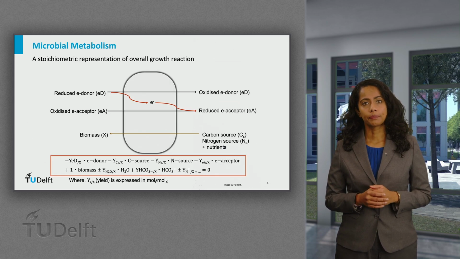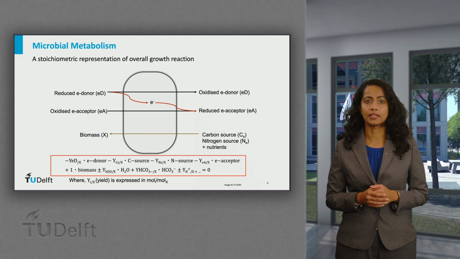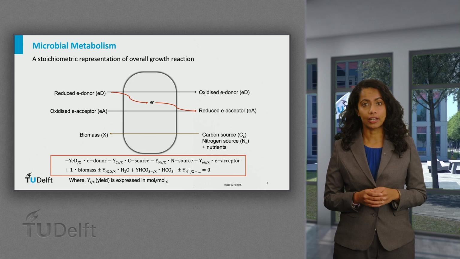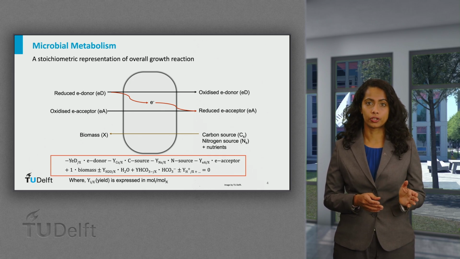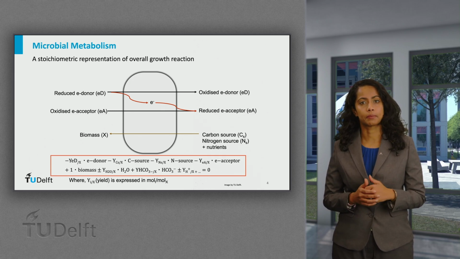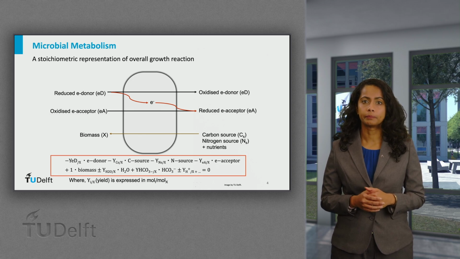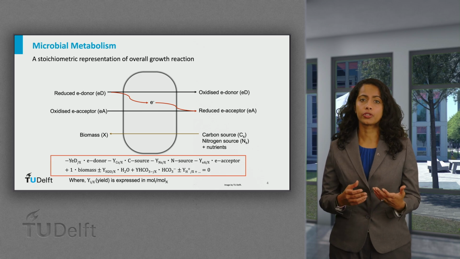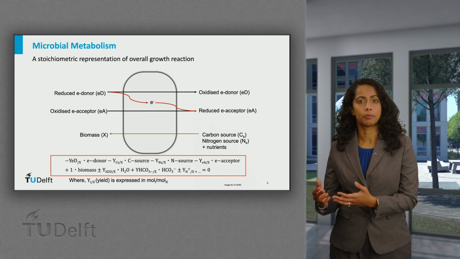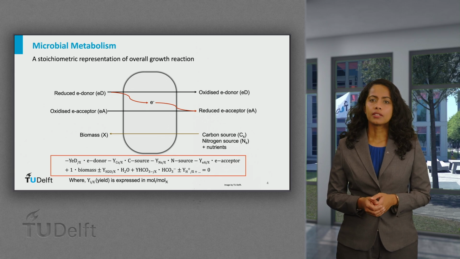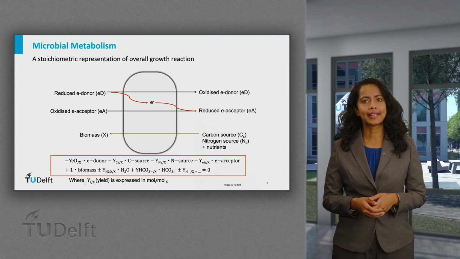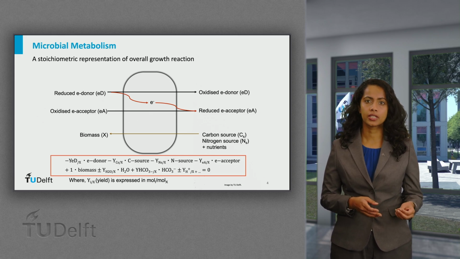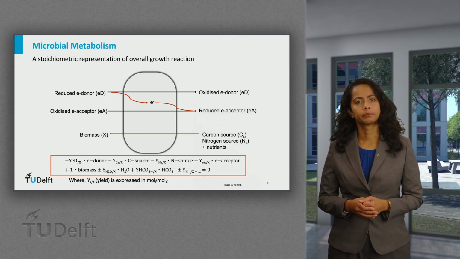Using stoichiometry, we can describe microbial metabolism as an overall growth reaction. This reaction includes an electron donor and an electron acceptor, forming the redox couple, a carbon source, a nitrogen source, and other nutrients that become part of the biomass. Microorganisms consume these compounds and convert them into biomass and products, such as bicarbonate, water, and protons.